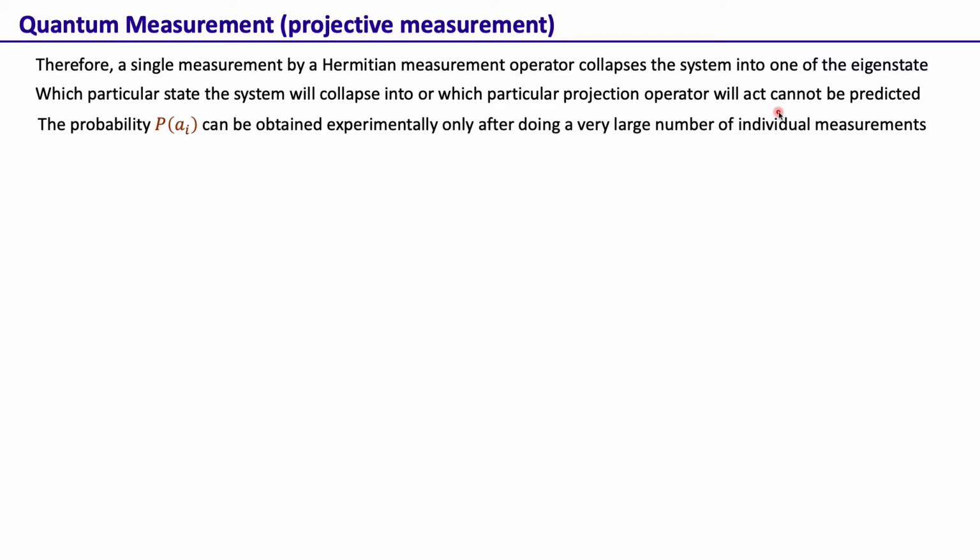What we can have is just the probability, but in order to actually get these probabilities P(ai) for getting the eigenket ai, this can experimentally only be obtained by doing a very large number of individual measurements. In one measurement the system just collapses, one cannot find this probability, but in order to get it one needs to do a large number of measurements. Of course, theoretically we can calculate it if we know the state.